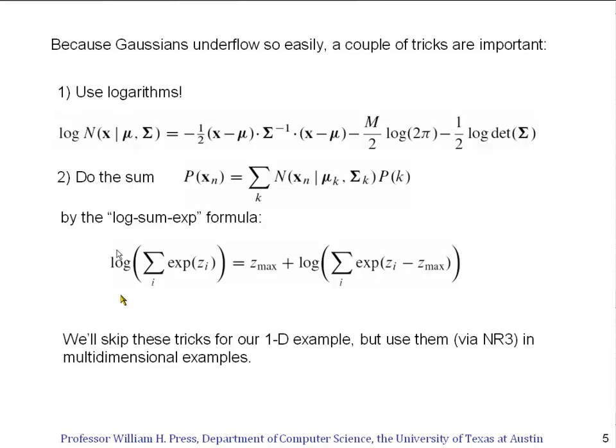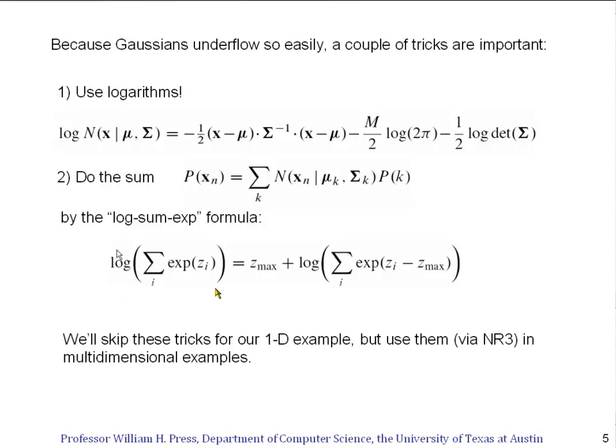And this is just an identity. It says that if you have a bunch of things z_i in log space, and you want to get them back into regular space, so you take the exponential, and then you want to take a sum of those exponentials and put it back into log space, because that's essentially what this operation up here is going to be.